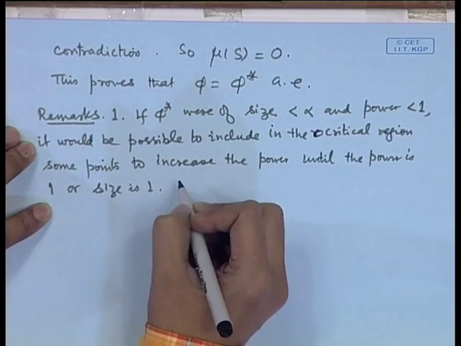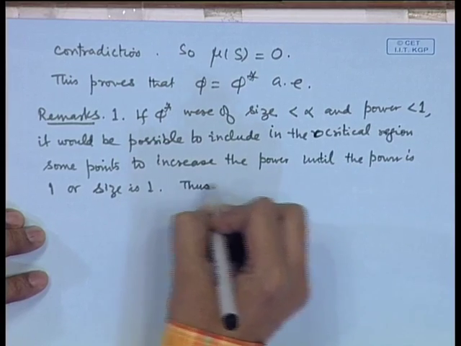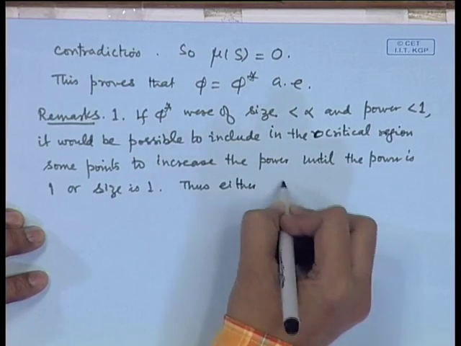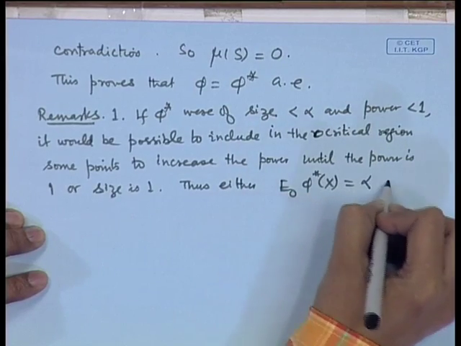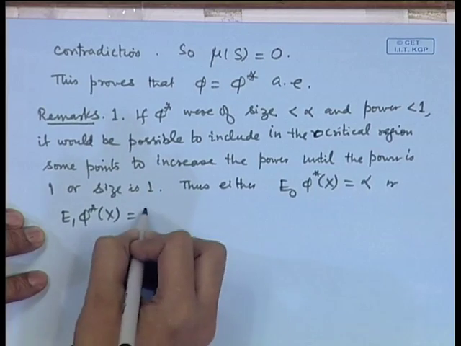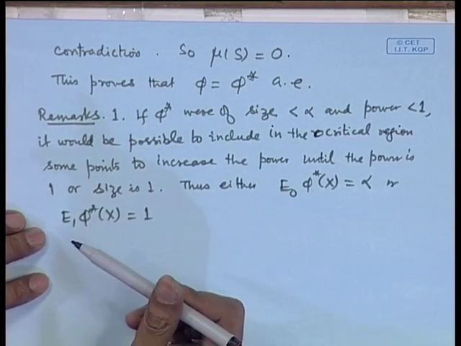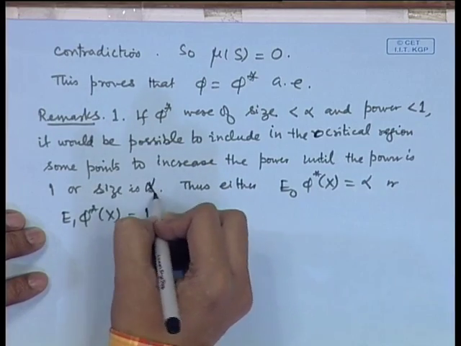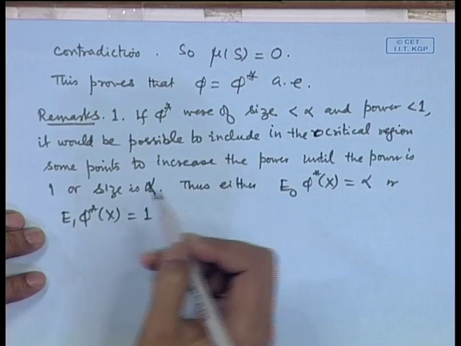Either of the things will happen. Thus, either you will have expectation of phi star x is equal to alpha or expectation of 1 minus phi star x is equal to 1. That means, either the size will become alpha or the power will become 1.